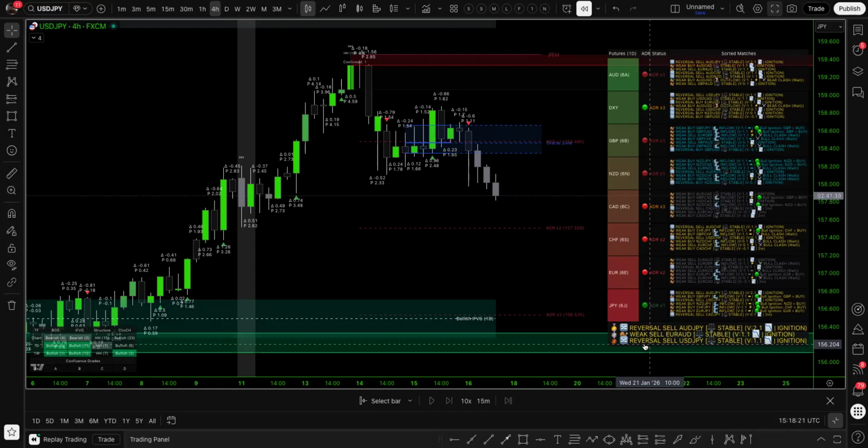Correlation isn't relative strength. It's a different thing. Relative strength and relative weakness is different. Sorry, let me just keep it there.